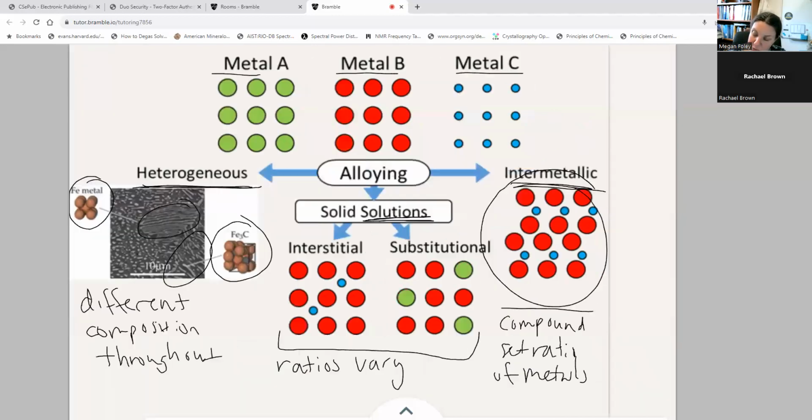Next, we're going to quickly talk about ionic unit cells. So with ionic unit cells, you've got either a primitive cubic unit cell or a face-centered cubic unit cell arrangement of anions.